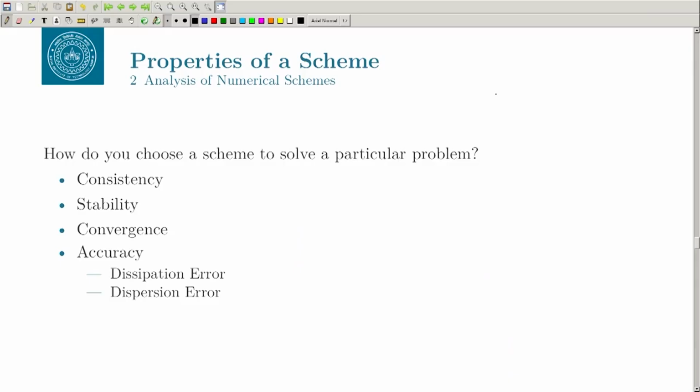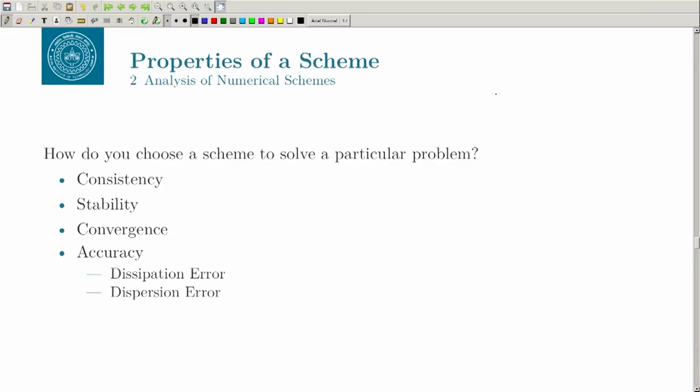So, there is some numerical diffusion coming up, and we saw that in our modified PDE also. Despite the fact that we are solving a convection equation, we are getting a convection diffusion equation. That is what is called the numerical diffusion.